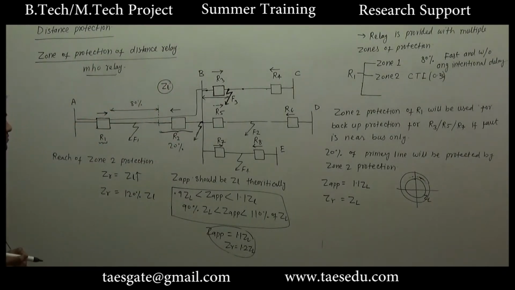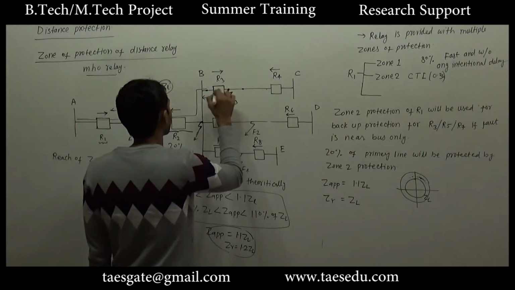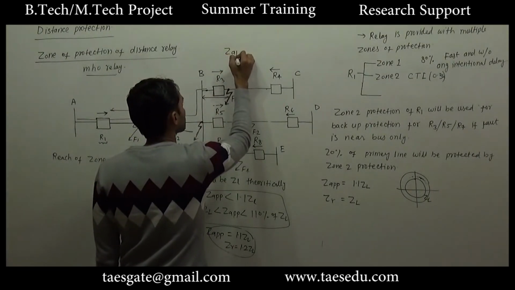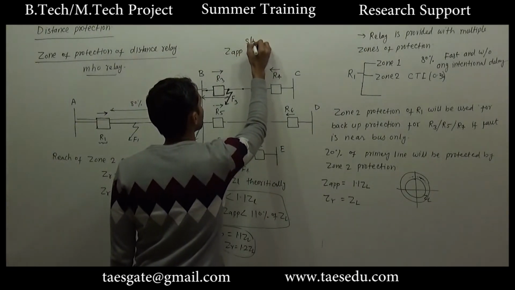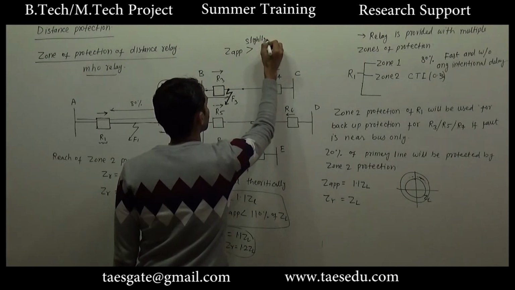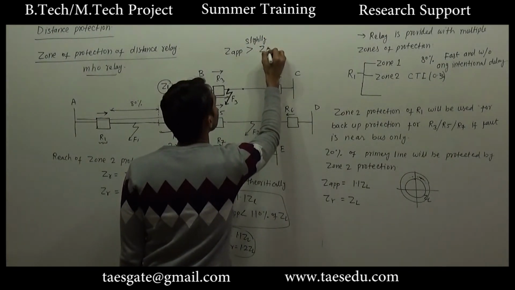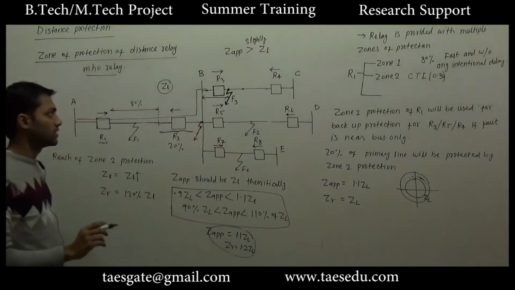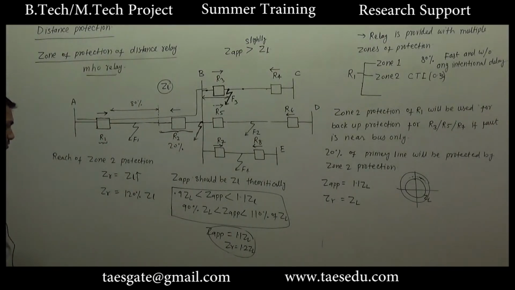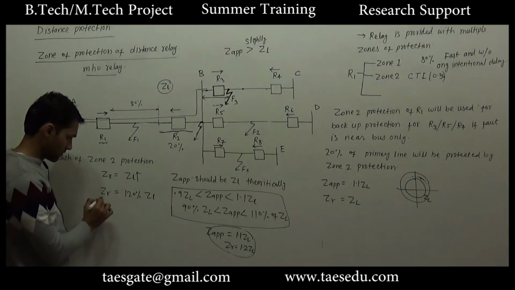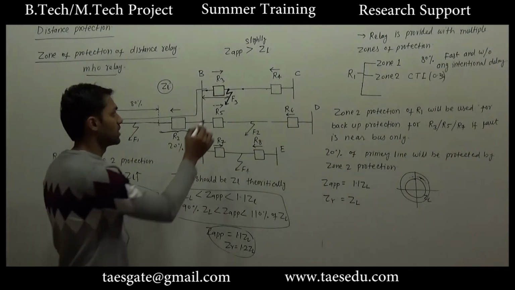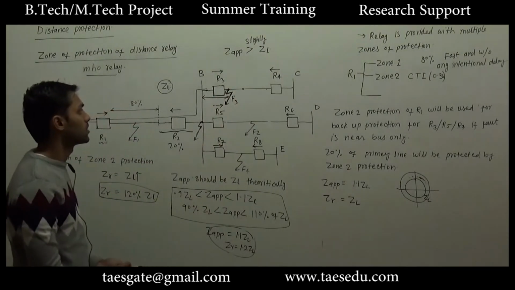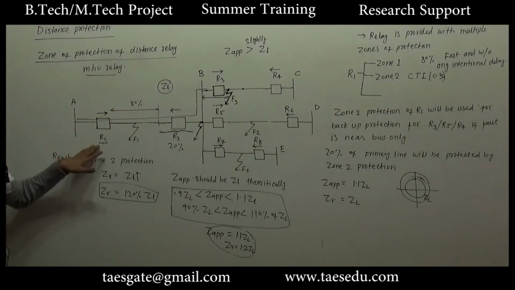So for providing backup protection, again, apparent impedance may be slightly greater than the length of the line. So for this apparent impedance also, if we put the reference value 120% of ZL, so for this kind of fault also, zone 2 of relay 1 will provide backup protection.